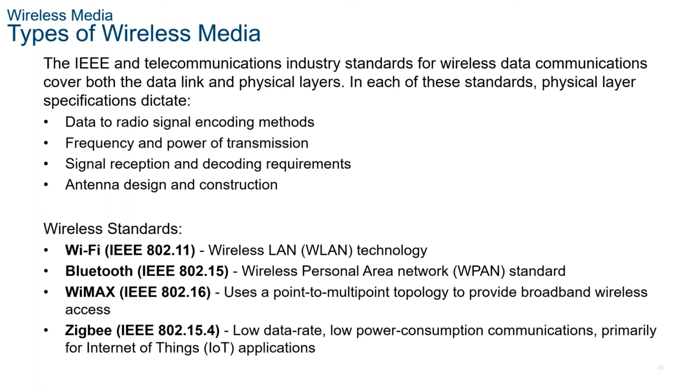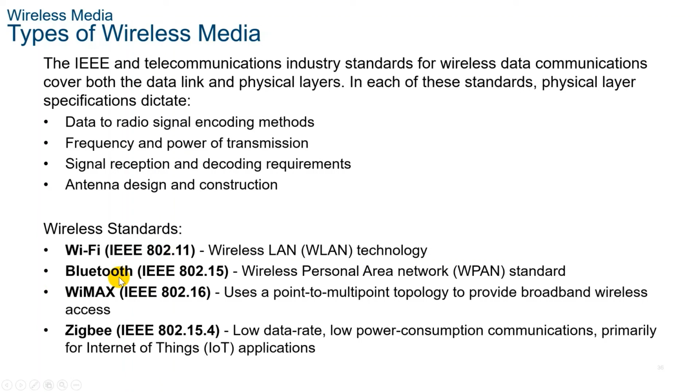The wireless NIC must first listen before transmitting data to determine if the radio channel is clear. If another wireless device is transmitting, then the NIC must wait until the channel is clear. Wi-Fi is a trademark of the Wi-Fi Alliance, and is used with certified wireless LAN devices based on the IEEE 802.11 standards.